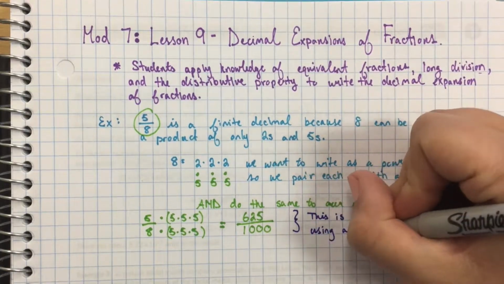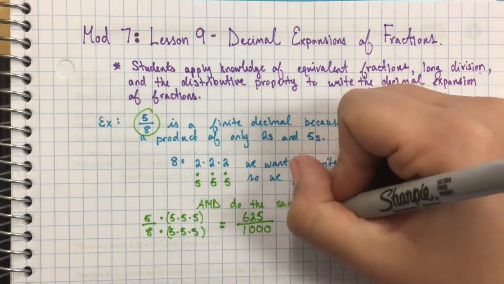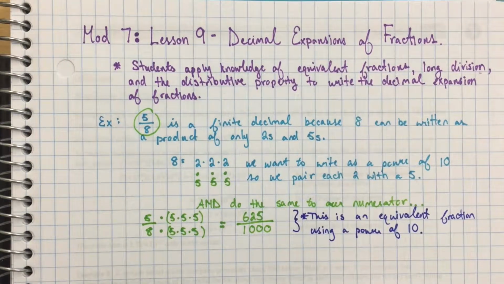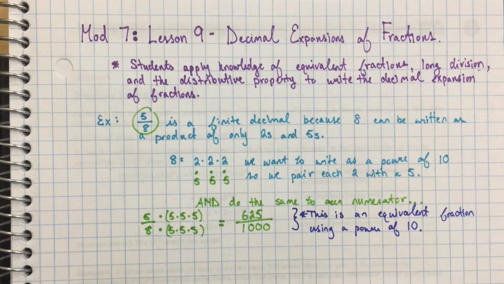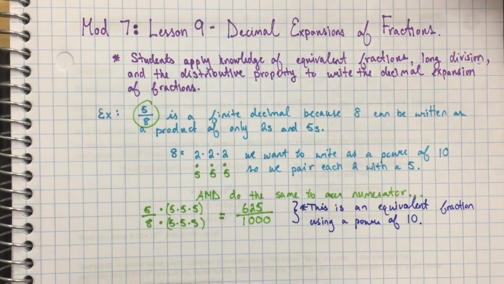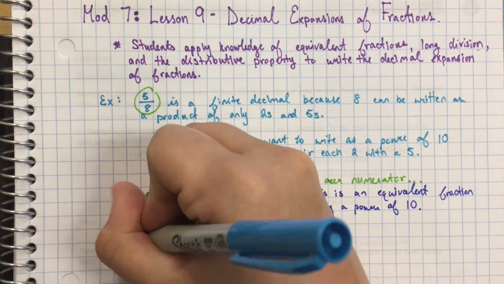Because if I look at 625 over 1,000, I can write that decimal value as 625 thousandths, which you'll see in just a minute.